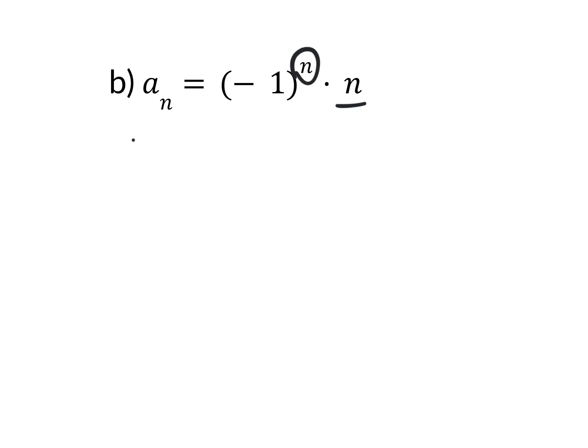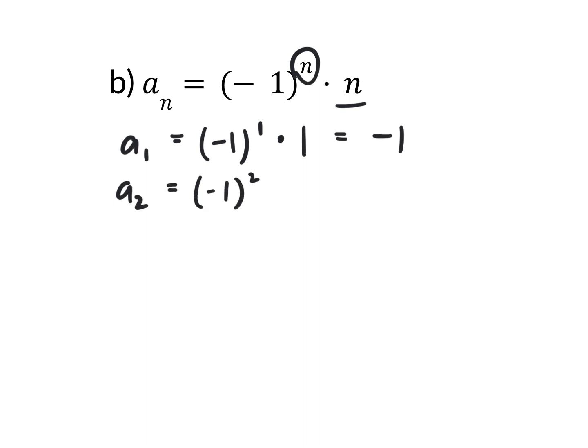So the first term, a sub 1, I'd have -1 to the first power times 1, which would end up giving me -1. A sub 2, I'm going to plug in 2 where I see n. And if I simplify this, -1 squared would be 1 times 2 is 2.